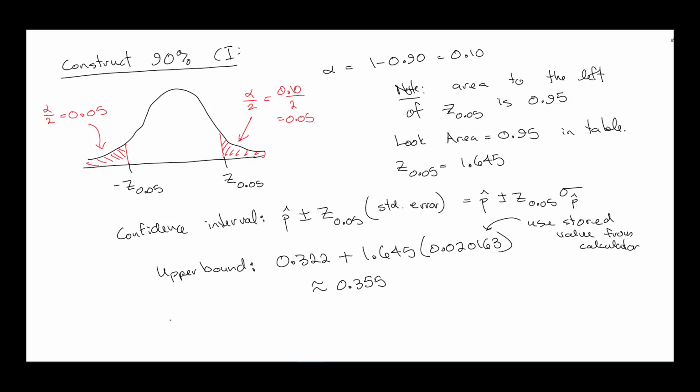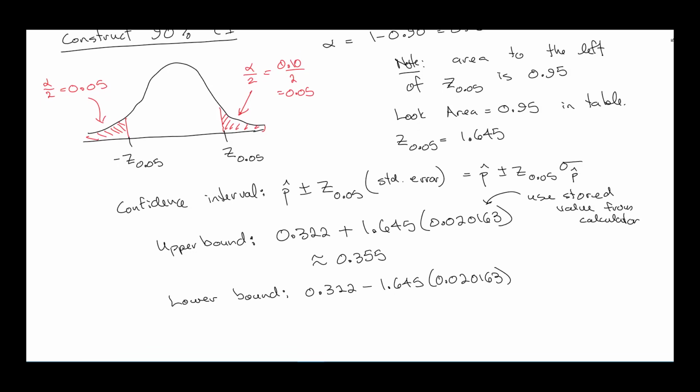Okay, and so then we're going to do the lower bound, which is the same thing, except this time we're going to put in the minus, right? Okay, and so it turns out when we do this, we should get 0.689.